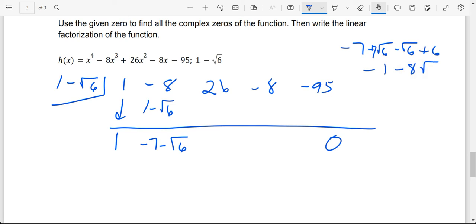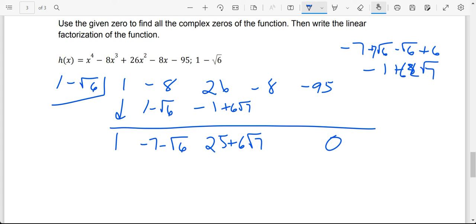Oh, I'm sorry, plus 6. Look, my 1 minus looked like a plus. Plus 6 root 6. So I'll bring that down here. Negative 1 plus 6 root 6. Add, get 25 plus 6 root 6.